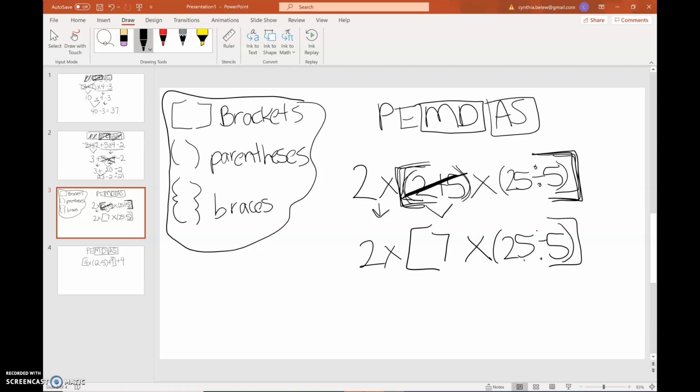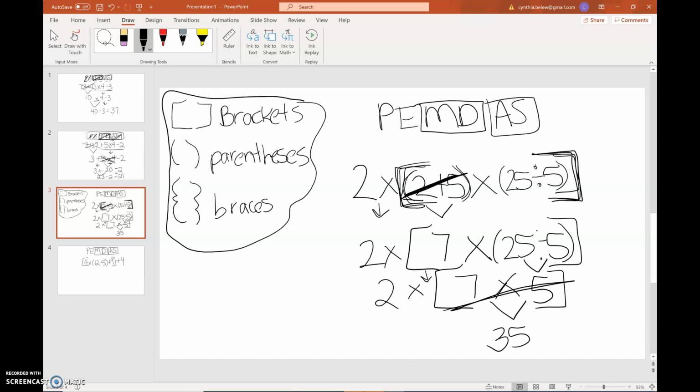So now I have 25 divided by 5 in the parentheses, which is inside of the brackets. 25 divided by 5 is 5. That's still in a bracket, and this is still in a bracket, times 2. So now I can finally get rid of those brackets. 7 times 5 is 35.